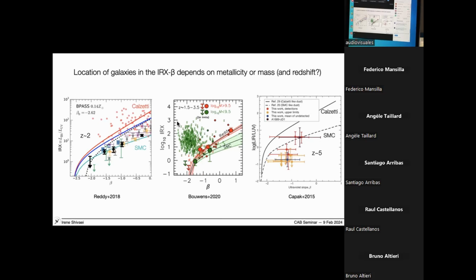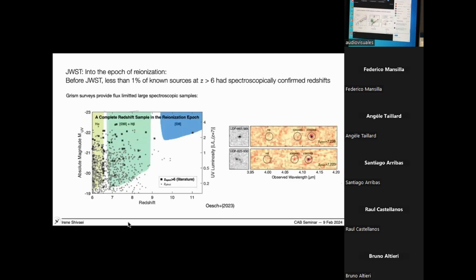Now, all of this, as you can see, is done at cosmic noon. Now with James Webb, we can extend these studies to much higher redshifts. One of the advantages with James Webb is that it's providing us with a large spectroscopically confirmed sample of galaxies. Just to give you an idea, before JWST, less than 1% of known sources with redshifts greater than 6 had spectroscopically confirmed redshifts.